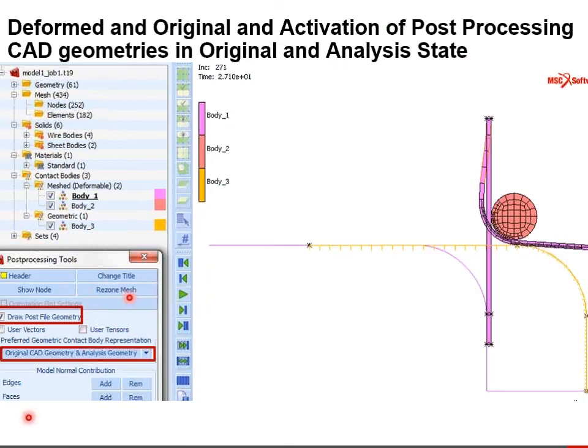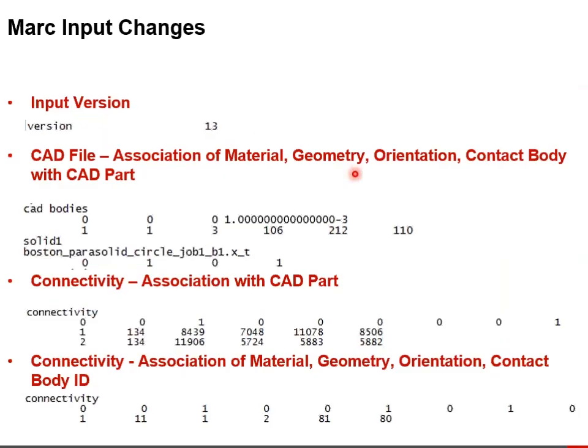We can look at the CAD geometry both as it originally came in and its final configuration. I hate to use the word deformed configuration because those CAD representations, of course, don't really deform. It's the finite element representation of the material where the deformation occurs.